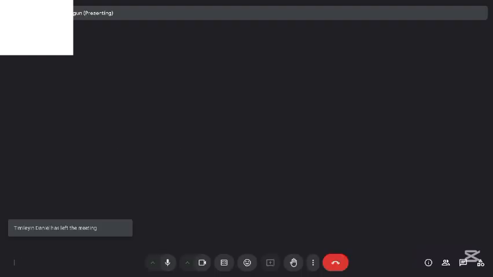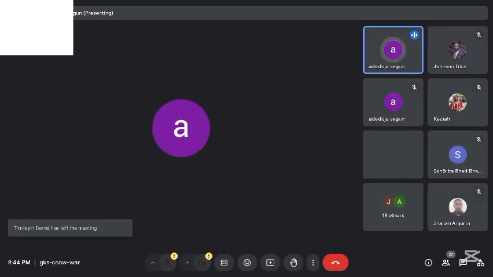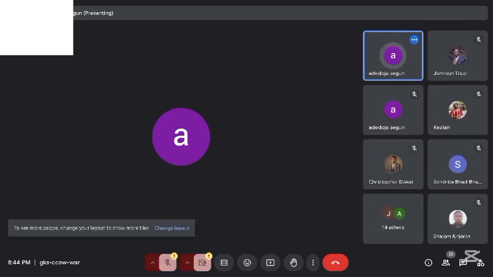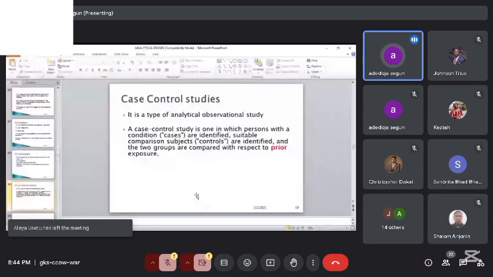Between the case and the control, for that particular disease. So in this one, we get the participant, we get the case which has already developed the disease of interest. Let's go back to the previous example I used, unprotected sex and development of HIV.